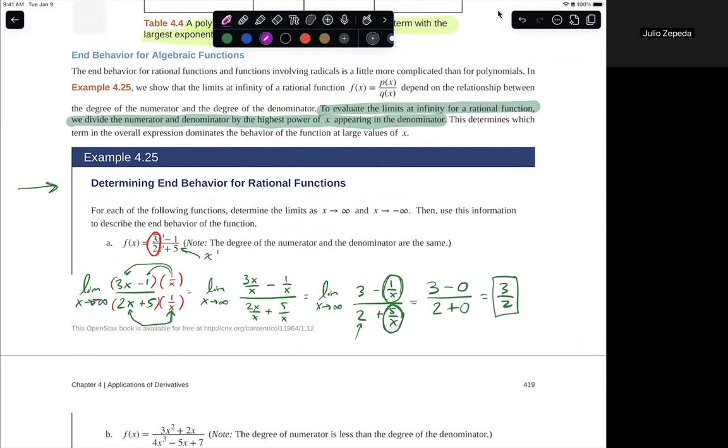Okay, nice. If we were to look at the limit as x approaches negative infinity, so let's put a negative there, essentially this would still be the same. Would there be any change? Well, each of these, 1 over x and 5 over x, still goes to 0, because 1 over x looks like this.